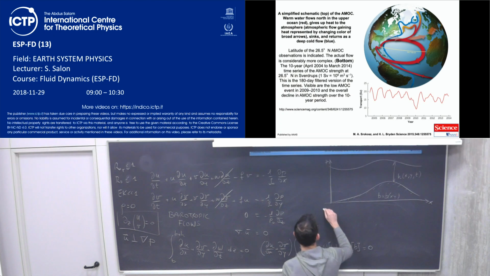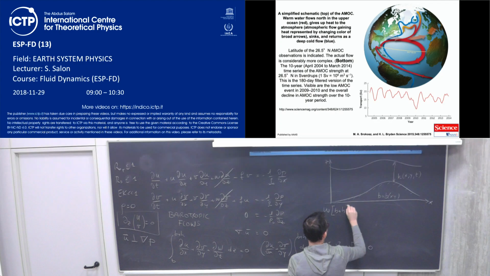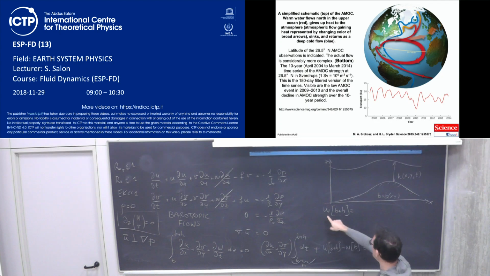So let's see what we obtain with the first term, w calculated in b plus h. w is again dz over dt calculated in b plus h, which will be the derivative of z, which is b plus h.